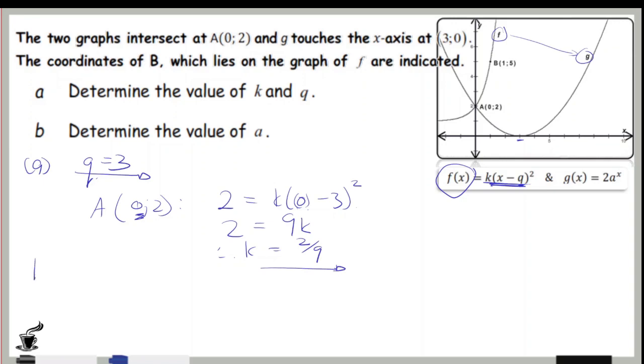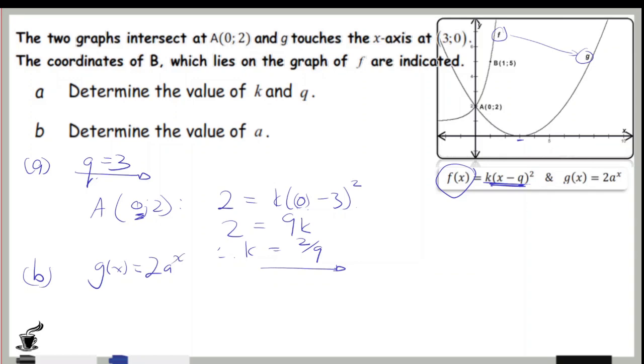Secondly, B, determine the value of a. So we know that g of x is equal to 2 multiplied by a to the power x.